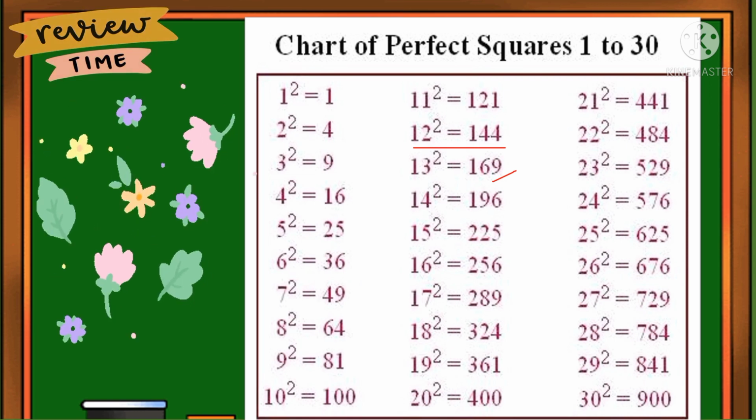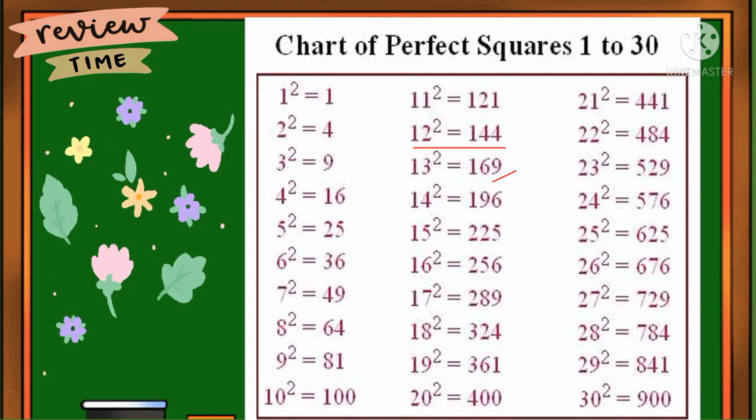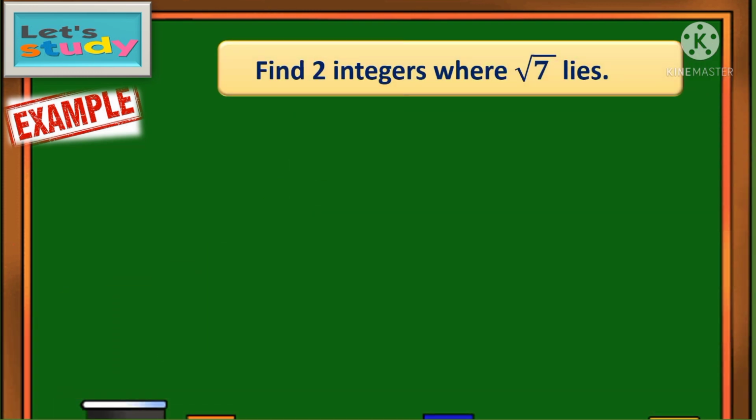Okay? So, now, let's proceed to our example. Our first example is find two integers where the square root of 7 lies. So, dahil ang 7 ay hindi naman perfect square, hahanapin na lang natin kung saan siya nakapagitna.